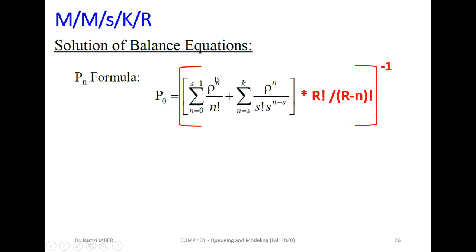This P0 equation is for M/M/s/k/R only. Now we added the R population, so it will be times R factorial over (R minus n) factorial, inverse. So the same equation of M/M/s/k/R times R factorial over (R minus n) factorial.